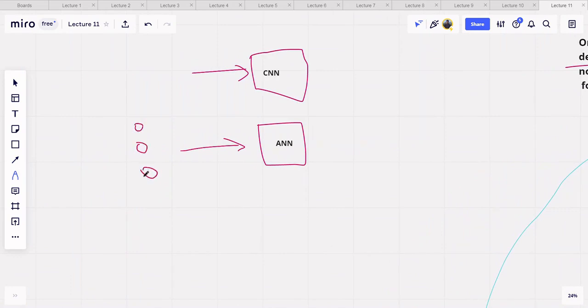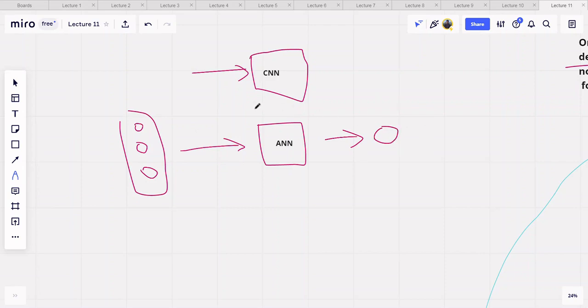If we had three independent variables in our data set, then our main goal would be to have three input nodes in our input layer. So there we have a fixed size of input and a fixed size of output, a predetermined input size and a predetermined output size.